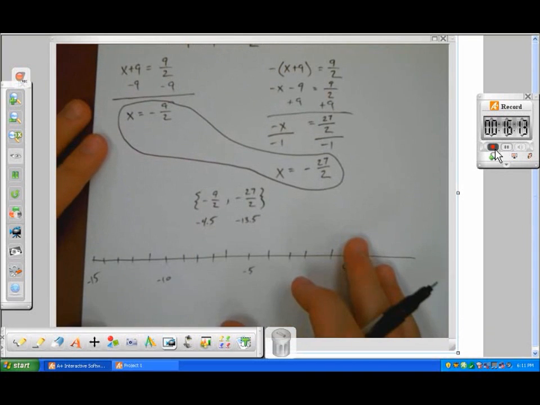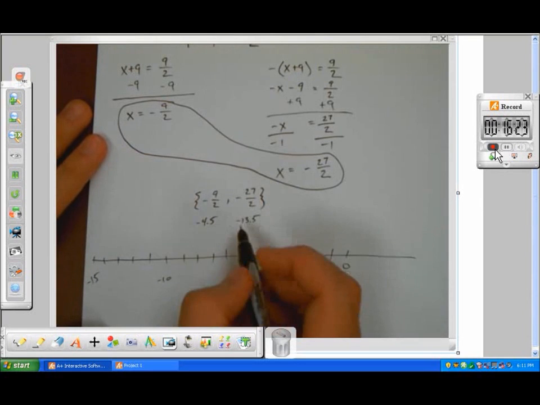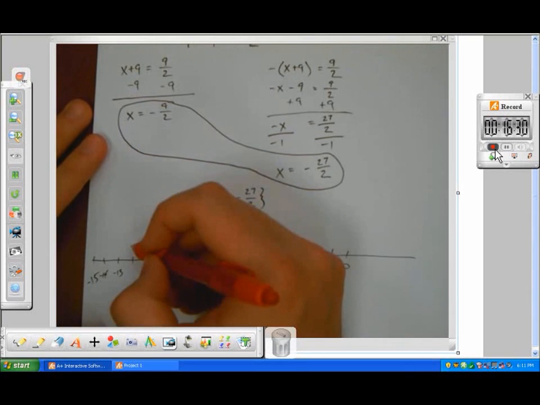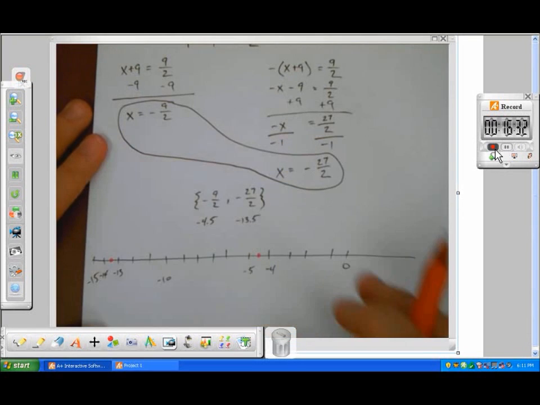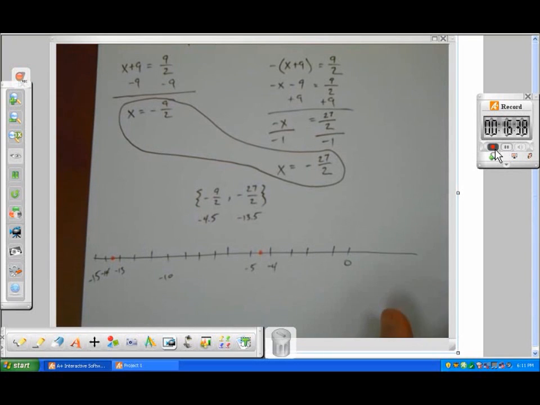So negative 4.5 is going to be in between negative 4 and negative 5. And negative 13.5 will be in between negative 13 and negative 14. And so there's that dot. The decimal helps you place it on the number line.